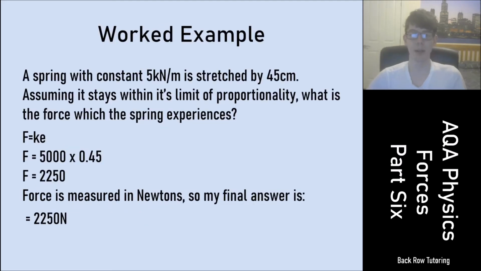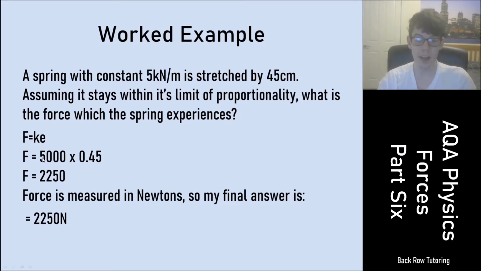Let's try an example. A spring with constant 5 kilonewtons per metre is stretched by 45 centimetres. Assuming it stays within its limit of proportionality, what is the force which the spring experiences? Well, the first thing we're going to do is write out our equation, and the equation is force is equal to the spring constant times the extension.